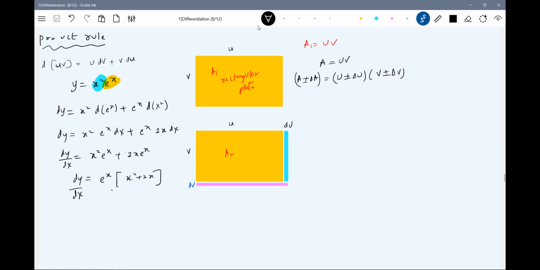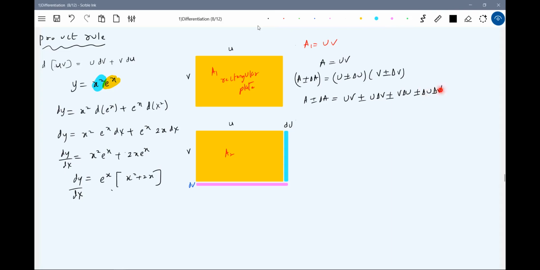So now we'll expand it: A plus or minus delta A equals uv plus or minus u delta v plus or minus v delta u plus or minus delta u delta v. Delta u is very small, delta v is small.